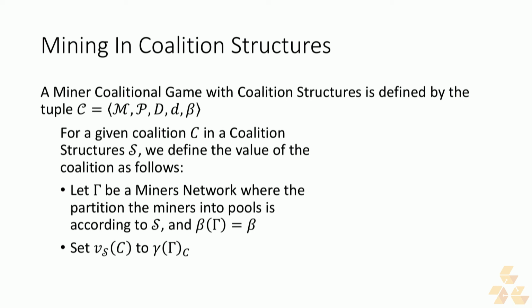This is exactly how we defined the value of a team, a value of a pool, a value of a coalition inside of a coalition structure. Again, we think about some kind of abstract network that creates blocks in the longest chain at the rate that we want, and we say that the value of a pool is the probability of blocks it created in the longest chain.